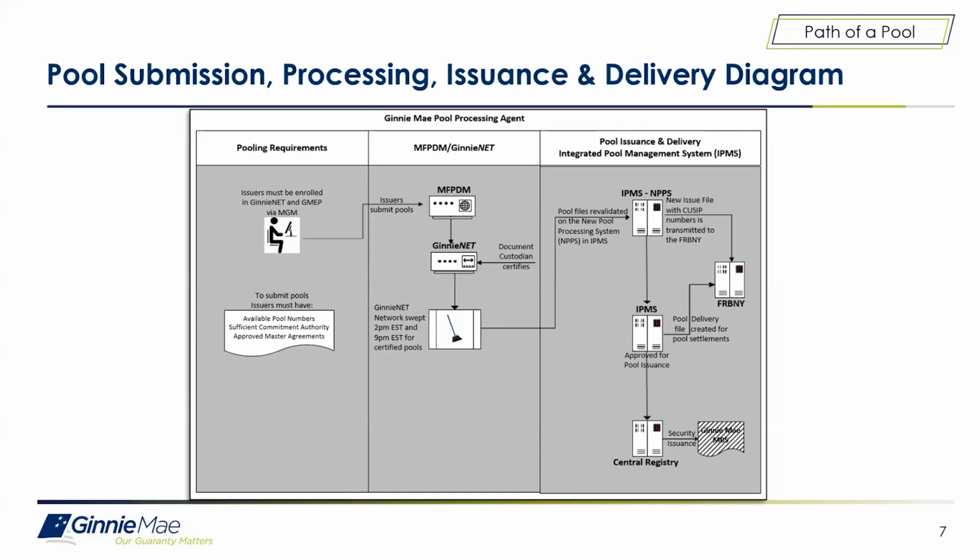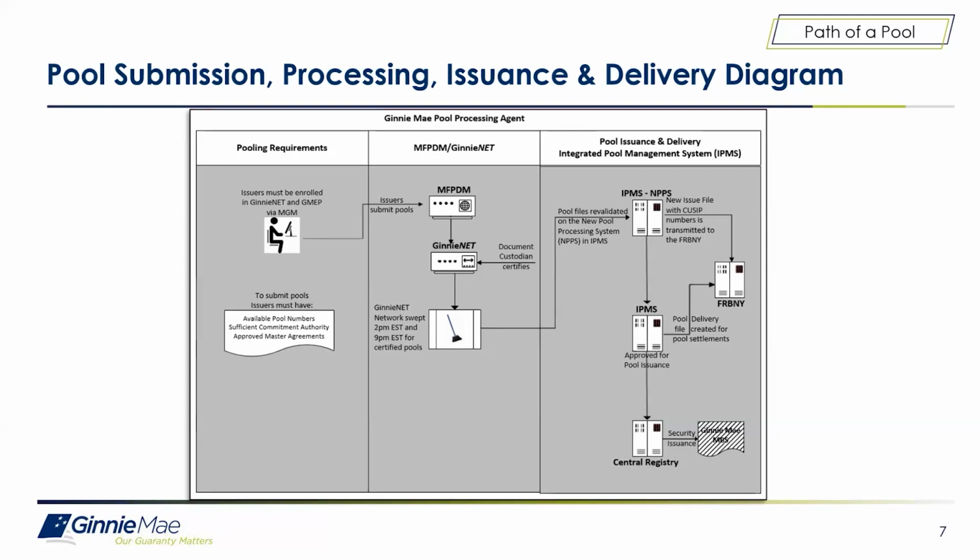Once those pools have been swept, they go into the pool issuance and delivery integrated pool management system. That's basically the GenMA system, IPMS. When those pools come into IPMS, the pools are reevaluated, just to make sure that anything that goes on in the GeniNet space and MFPDM space, if there's any issue that might not have been caught on that side, still goes through another validation.